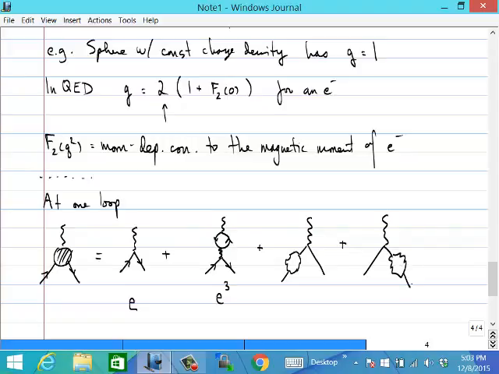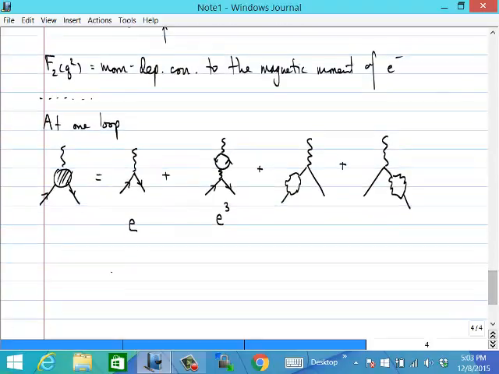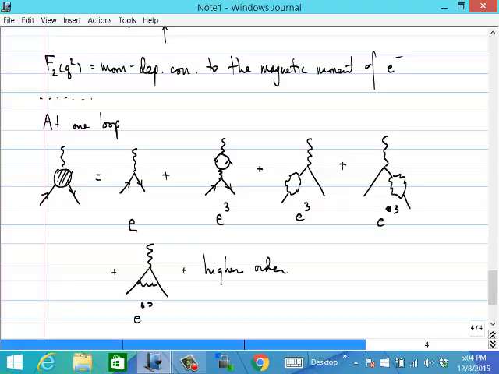Finally, you could have a correction that looks like this. And then they'll be higher order. So what I've written here are the four diagrams that can contribute at order e cubed.